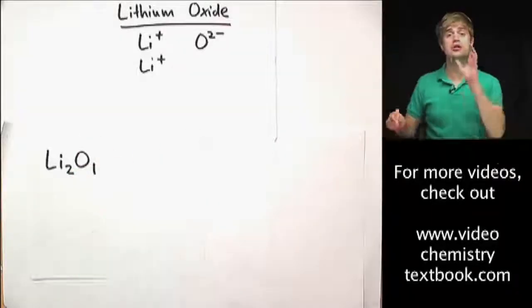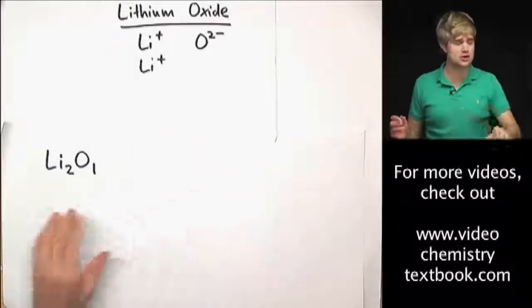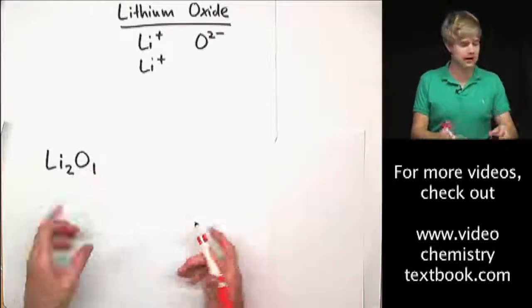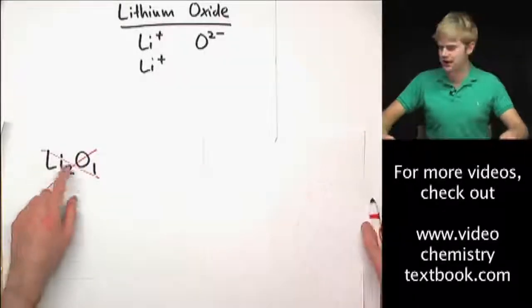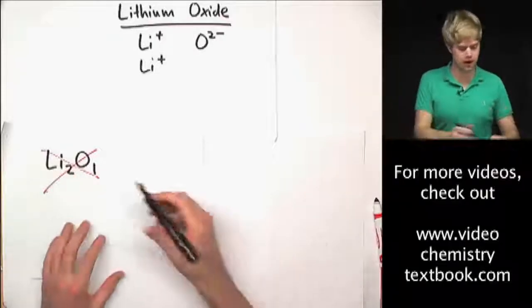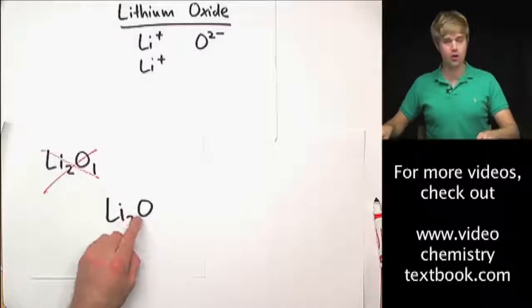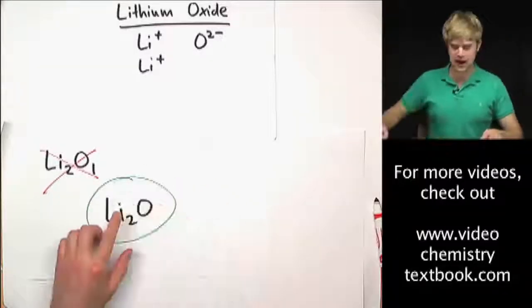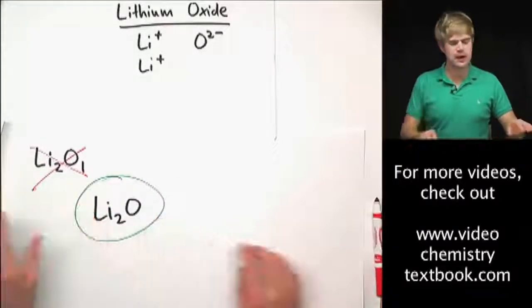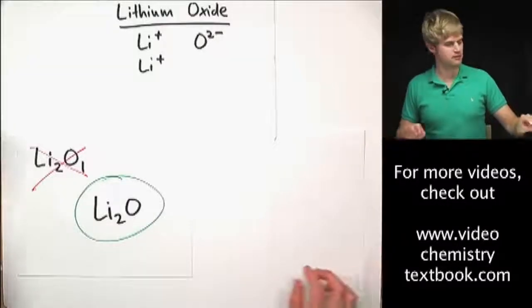It can't hurt. It does hurt. It's just not right to do. You never want to put a 1 after an element. So Li2O1 is wrong. Instead, you want to write Li2O without any numbers after this, and this is the right way to do it.